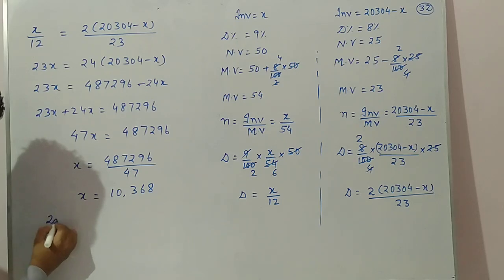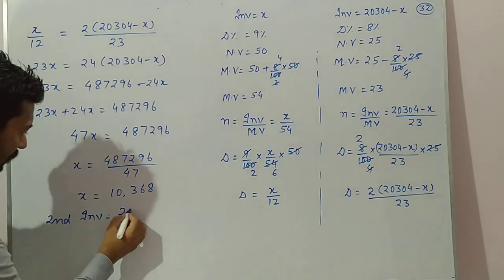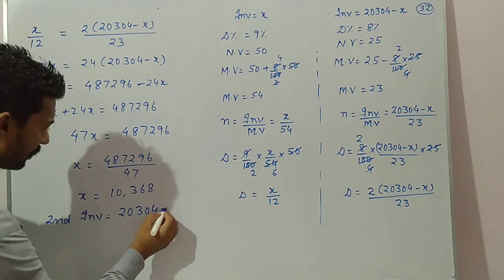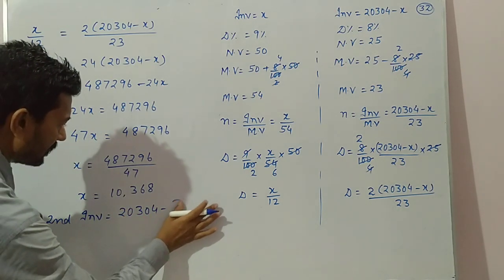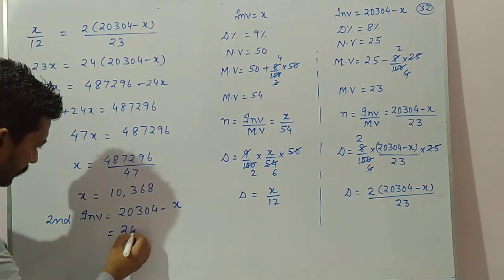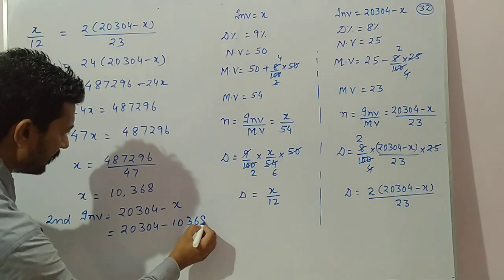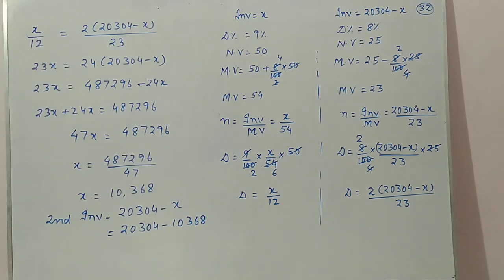Second investment is 20,304 minus x. So this is 20,304 minus 10,368.